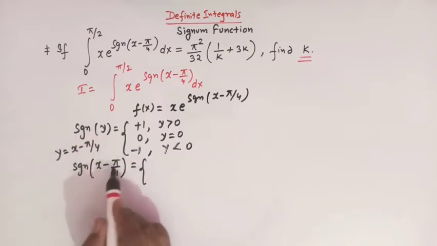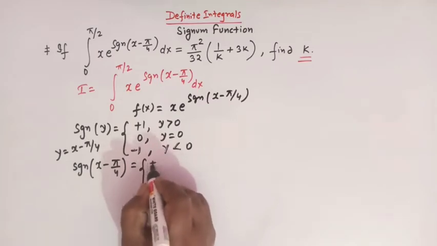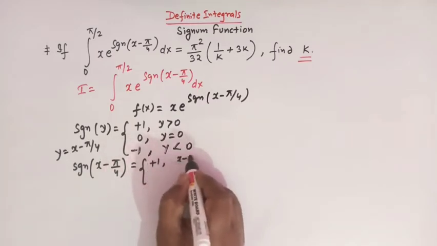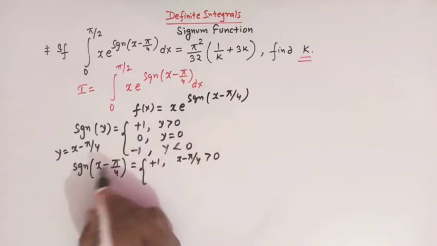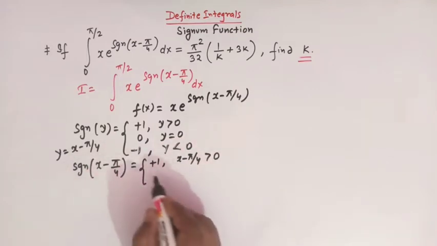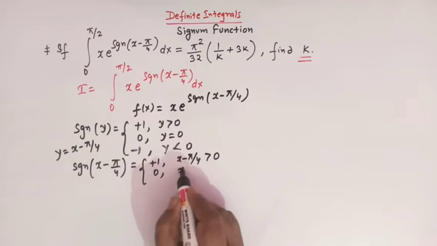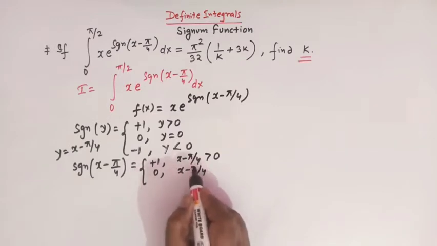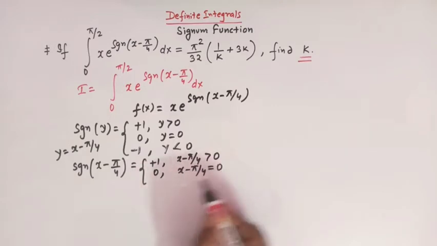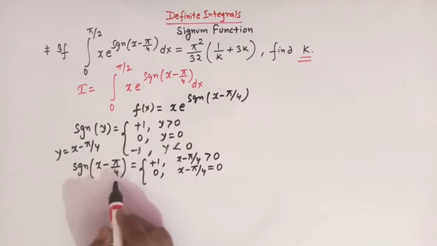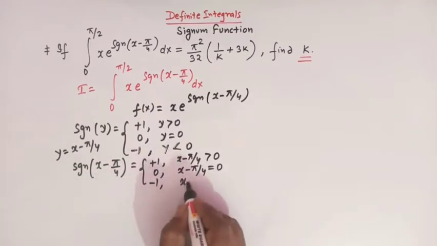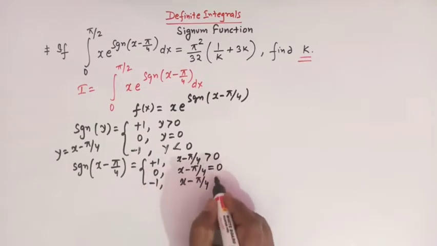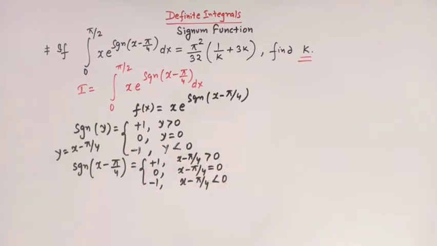So Signum of x minus pi by 4 is equal to plus 1 whenever x minus pi by 4 is greater than 0, and Signum of x minus pi by 4 is equal to 0 whenever x minus pi by 4 is equal to 0, and Signum of x minus pi by 4 is equal to minus 1 whenever x minus pi by 4 is less than 0, right?